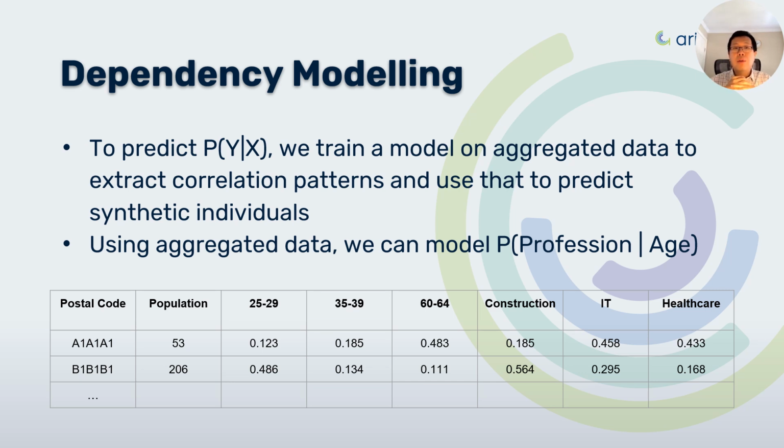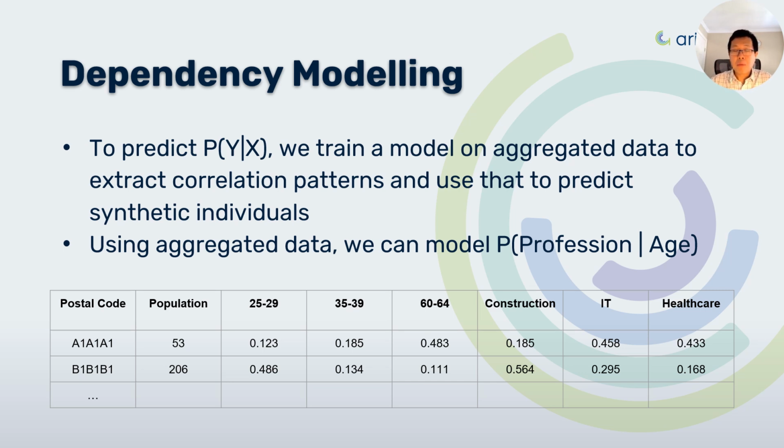All right, now let's look at dependency modeling. To predict the probability of a variable given another variable, we train a model on the aggregated data set and extract correlation patterns to use that in the individuals. One of the assumptions we're making here is that if 2 things correlate at the postal code level, then they'll also correlate at the individual level.